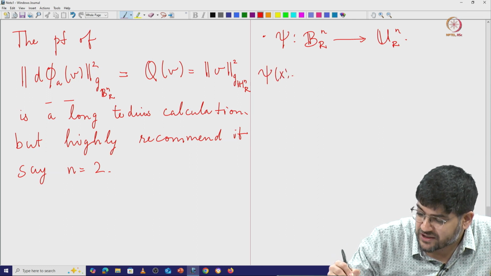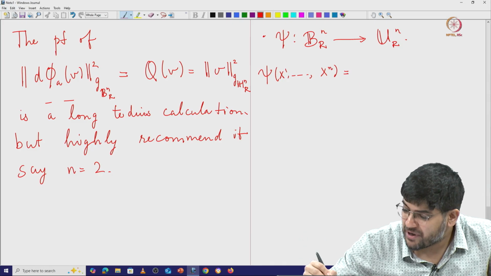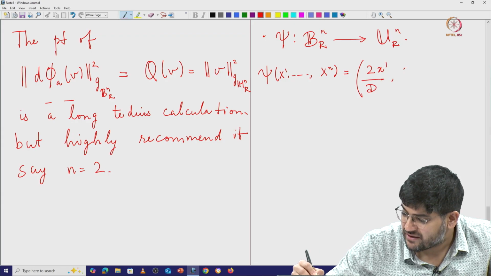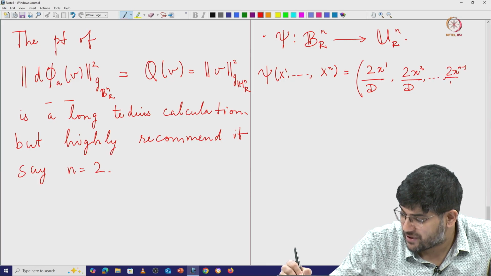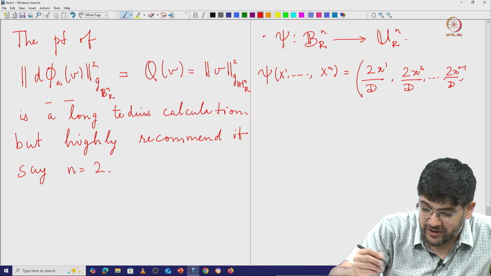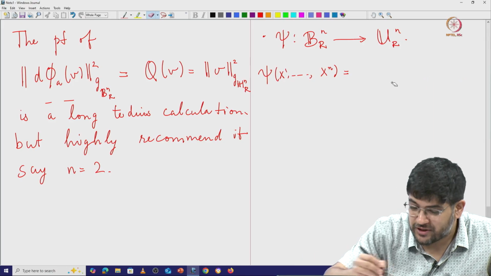So psi of x1 up to xn is given by 2 times x1 by d, 2 times x2 by d, etcetera, up to 2 times x(n minus 1) by d.